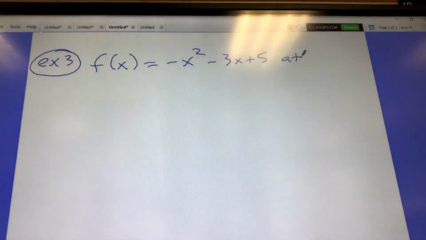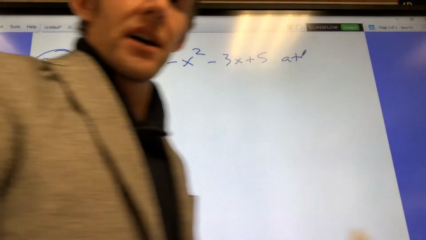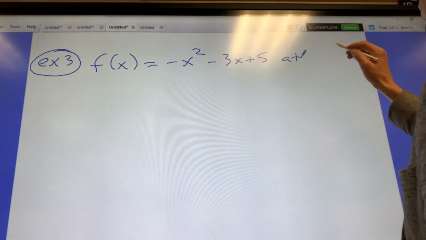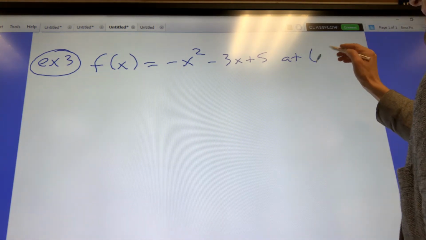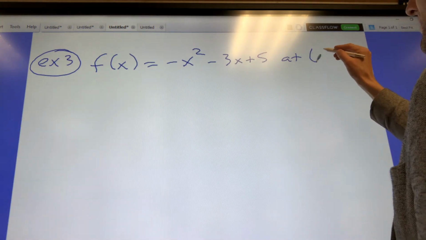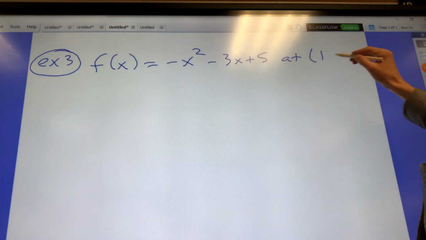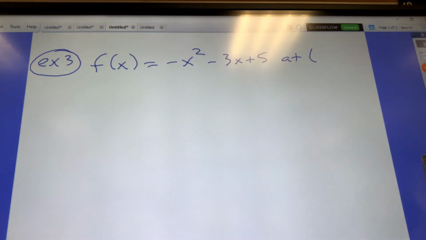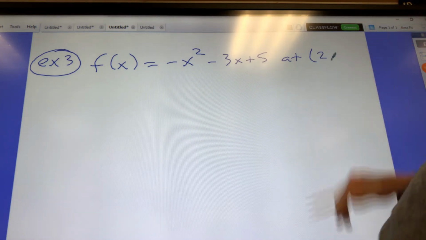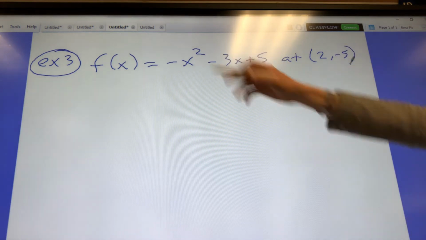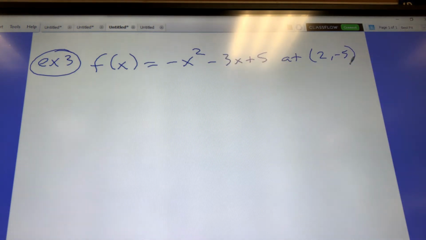Find the equation of the tangent line of that curve at the following point. Let's do one where it is positive. We've done a few, so let's go with 2, negative 5, I believe. Again, all you got to do is plug 2 in there. You get negative 4 minus 6, plus 5. Very good.